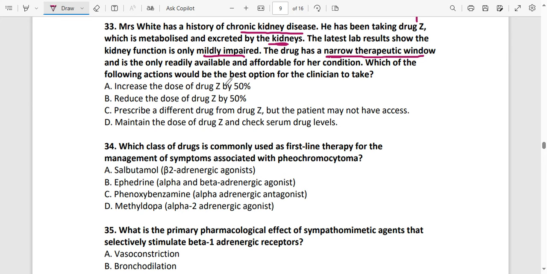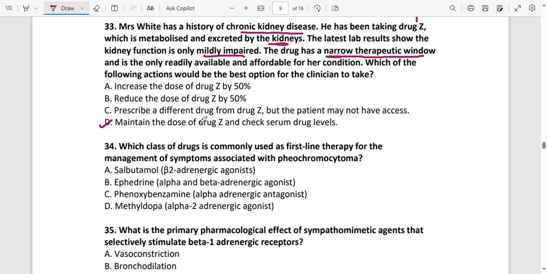Increase the dose of drug Z by 50%, reduce the dose of the drug by 50%, prescribe a different drug from drug Z, but the patient may not have access, or maintain the dose of drug Z and check serum drug levels. Which one would we pick? Anyone? It's D. That's the correct one.